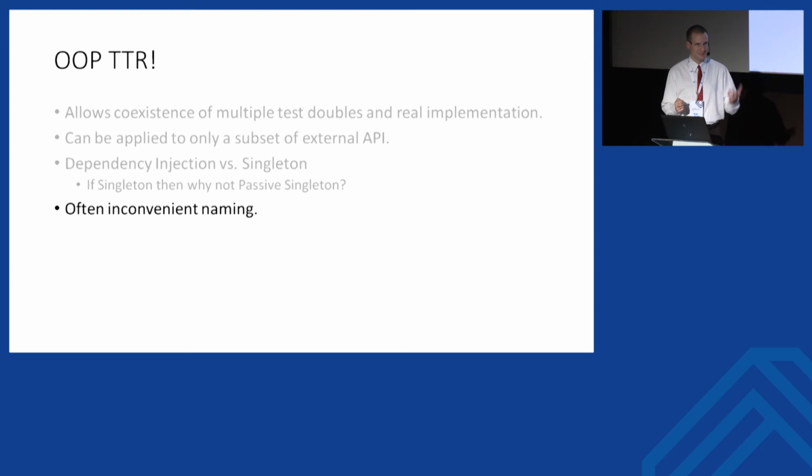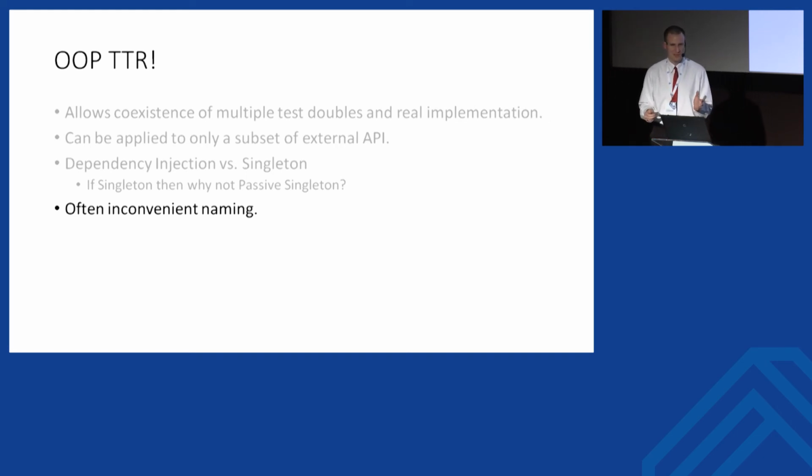And if you use this, then the call with the singleton or dependency injected object becomes really long and inconvenient, because it basically repeats the same information. You have your module something something calls function something something do something something, and it looks awful.